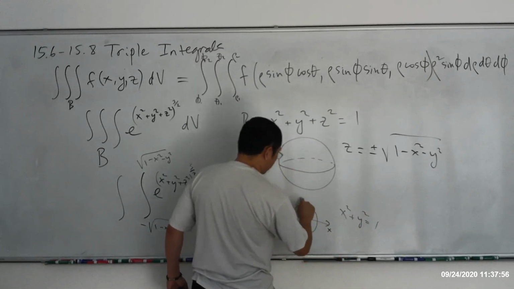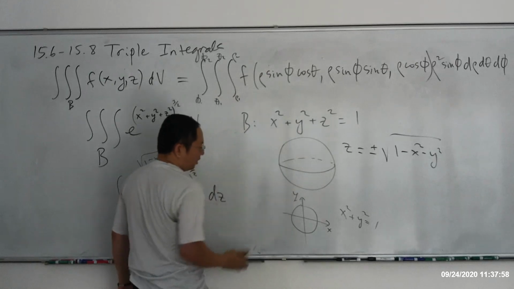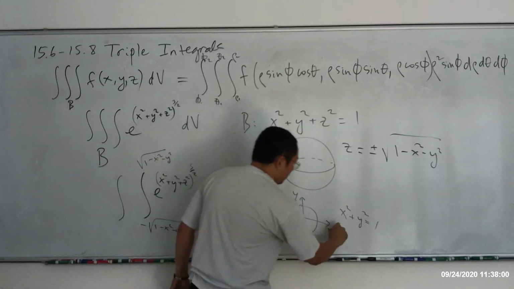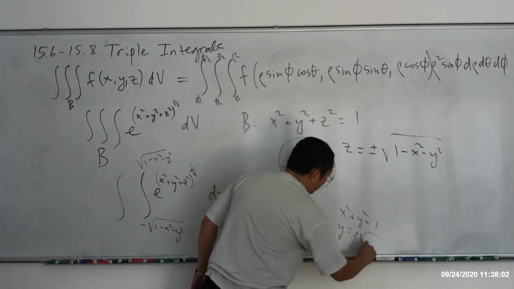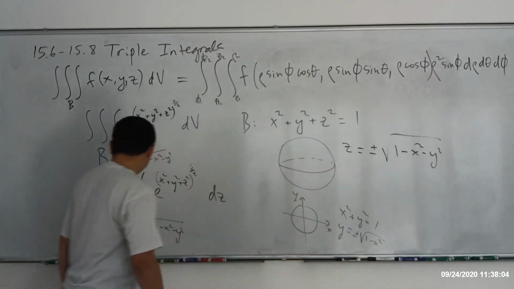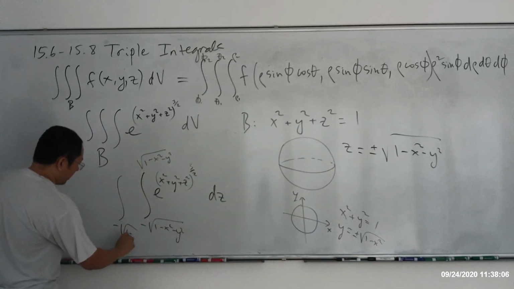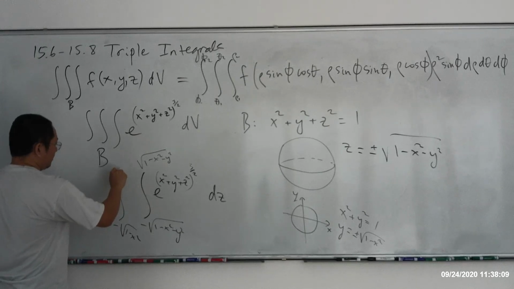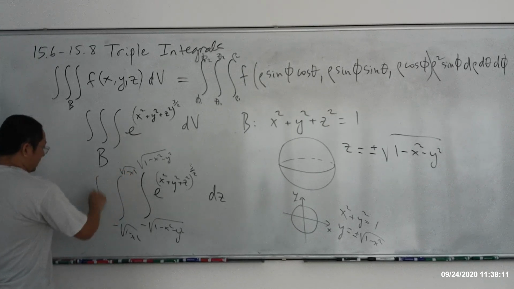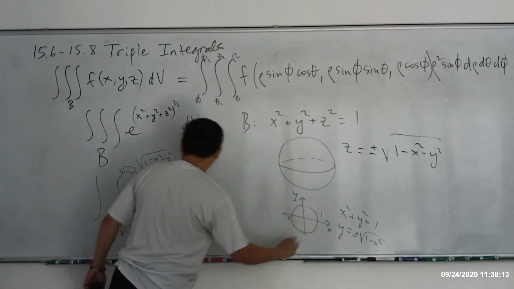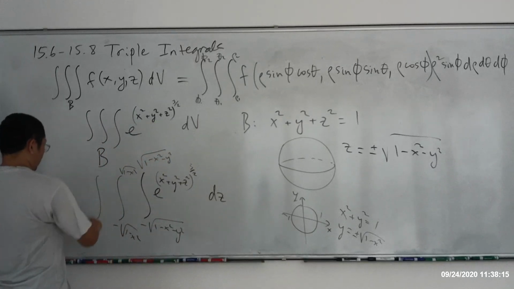This is the x-axis, this is the y-axis. So y is equal to plus or minus the square root of 1 minus x squared, from negative square root of 1 minus x squared to positive square root of 1 minus x squared, and then x runs from negative 1 to positive 1.